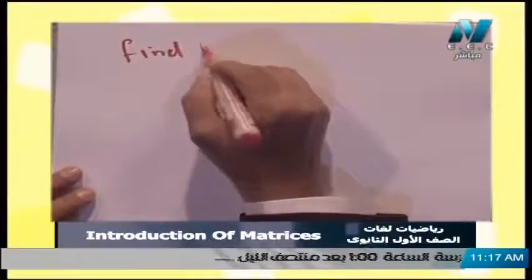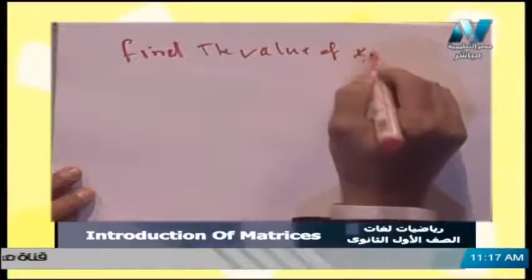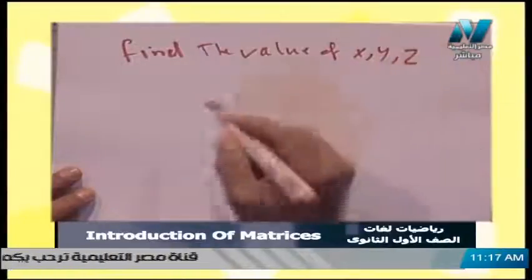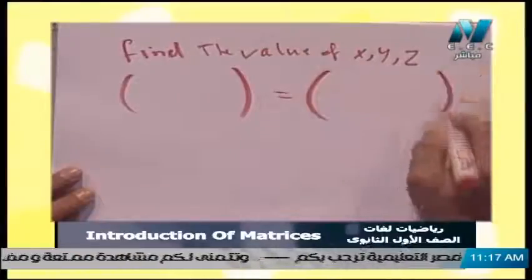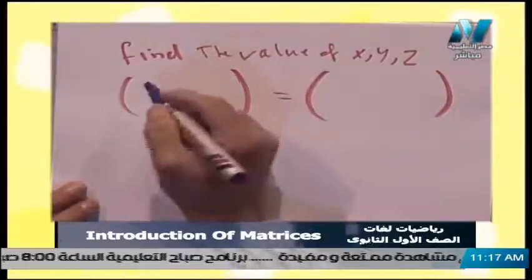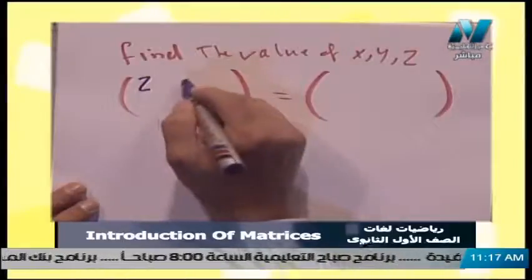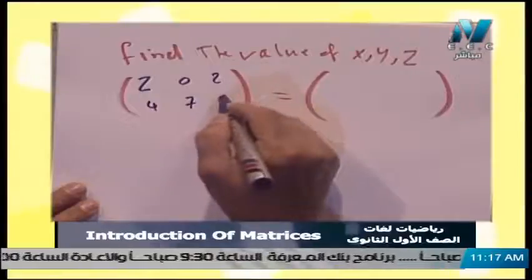Find the values of x, y and z. We have here two columns that are equal. This column matrix: z, 0, 2, 4, 7 and 5.